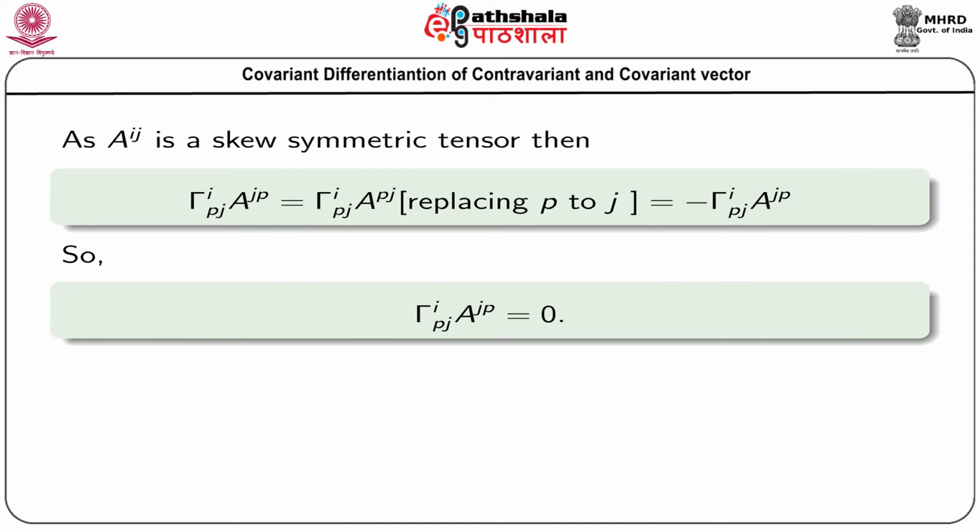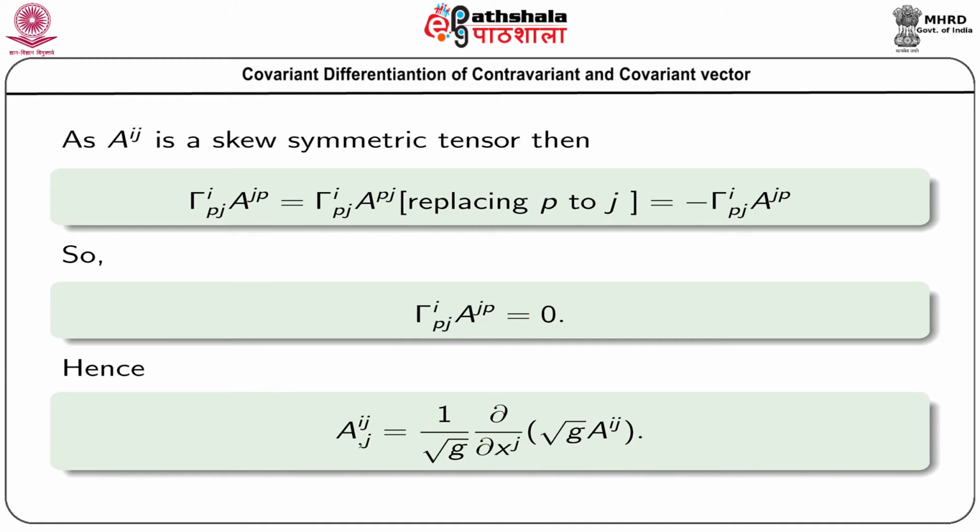So, gamma i p j A j p equals 0. Thus, the above expression becomes A i j comma j equals 1 by root g del del x j of root g A i j. So, the second term vanished due to the above expression.